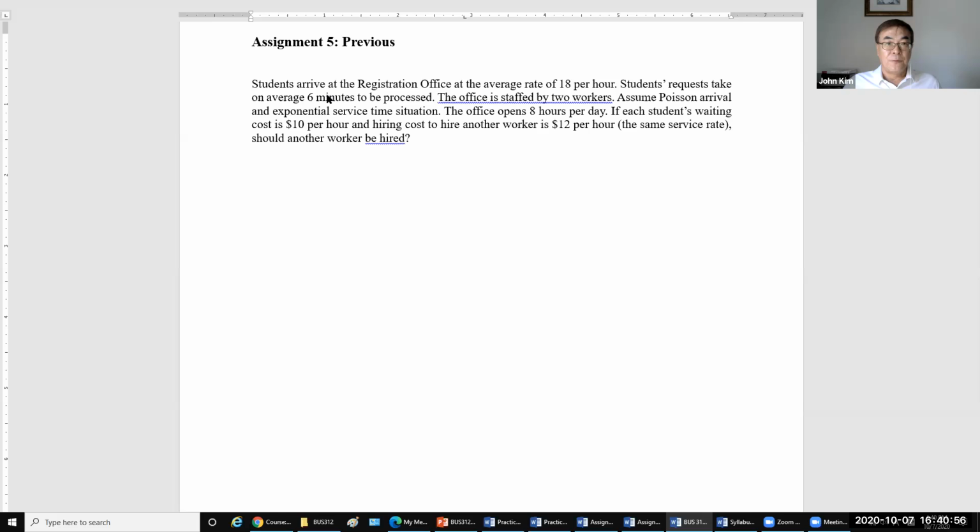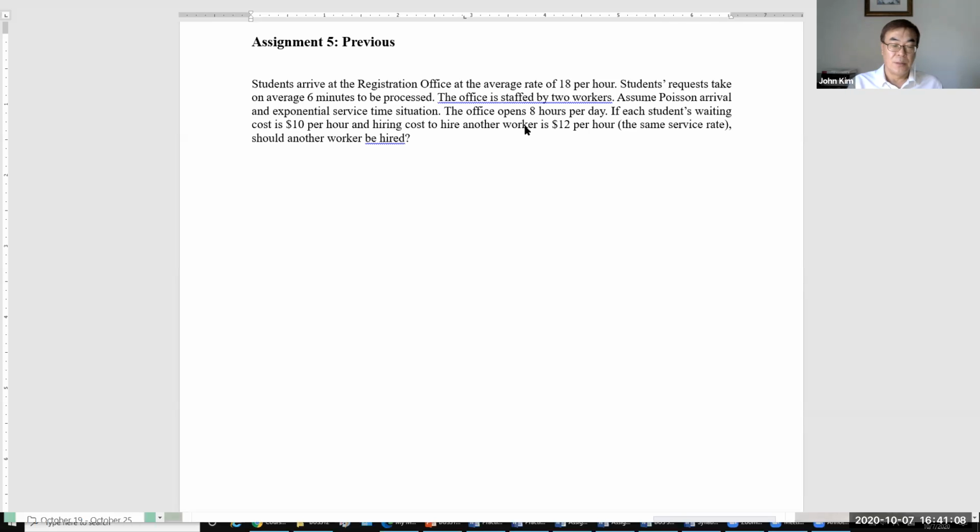Students arrive at a registration office at an average rate of 18 per hour. So arrival rate lambda equals 18, and student requests take on average 6 minutes. So mu equals 60 divided by 6 equals 10.